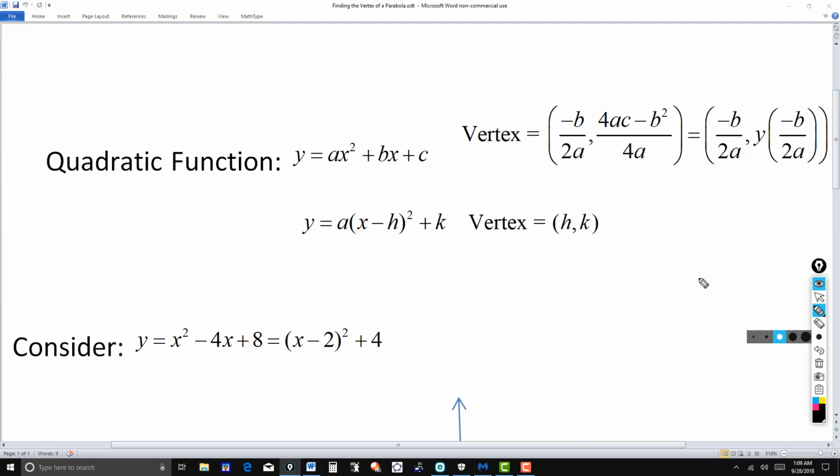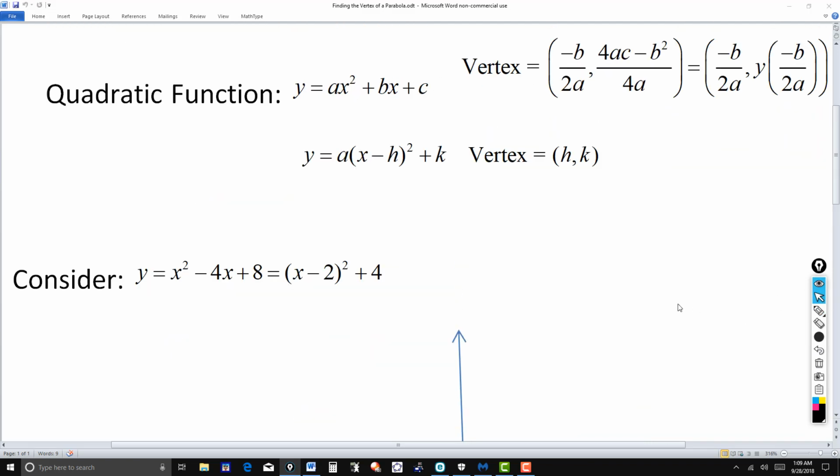Now, I want you to keep in mind that you could have some where you can use either formula. For example, let's suppose I look at negative x squared plus 5.